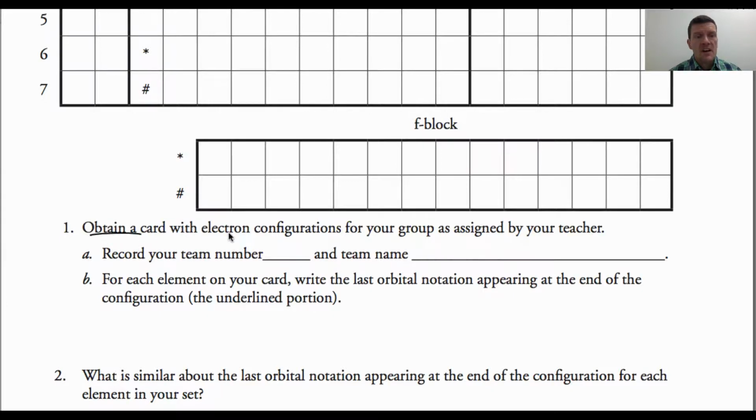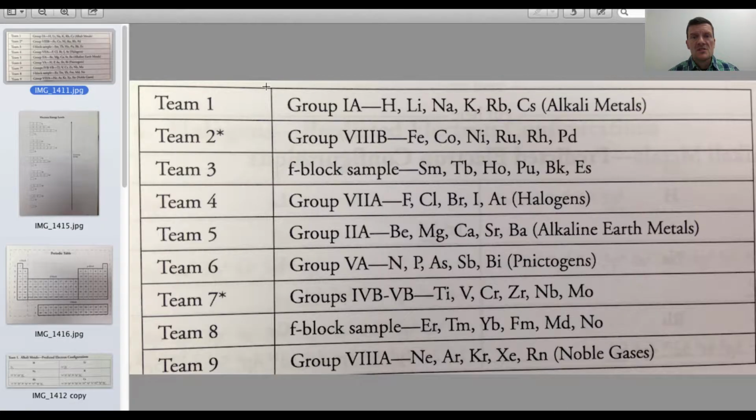It says right here, obtain a card with electron configurations for your group as assigned by your teacher. If you saw that card in the course, it would have been something like this. Each team, if you're working at a school or at home, you can assign different people in your group a particular group number on the periodic table.